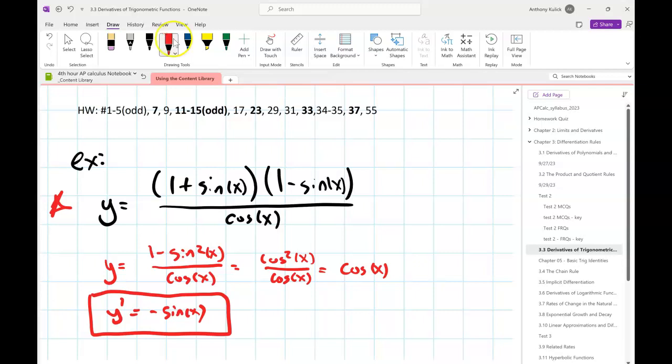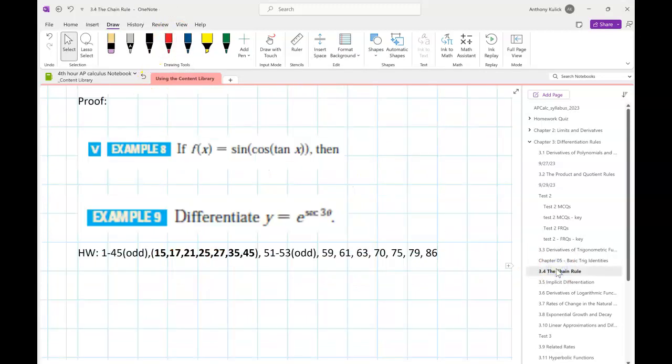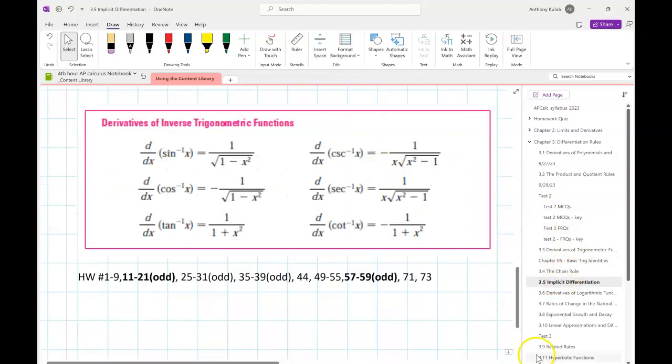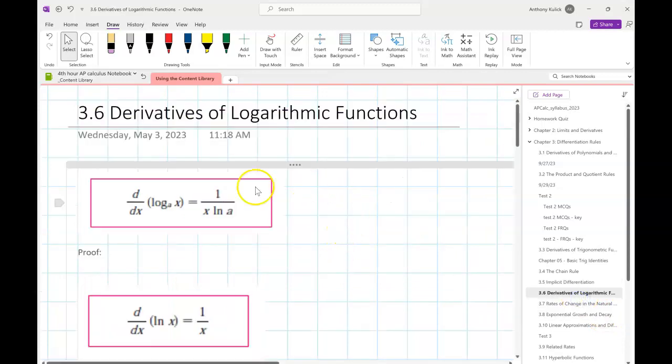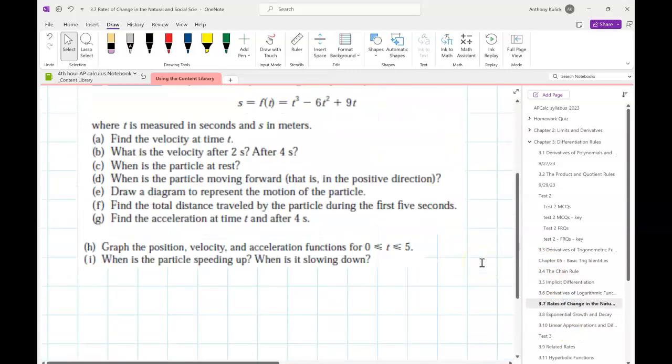So if we look here, we have 3-3, we've done that. 3-4 is the big one. That's probably the most important section of this next test. Implicit differentiation can be tough. We'll go through that slowly and carefully. Derivatives of logs are just more derivative rules, and we see a neat potential shortcut that we can do for some nasty derivatives using that. 3-7 is story problems.